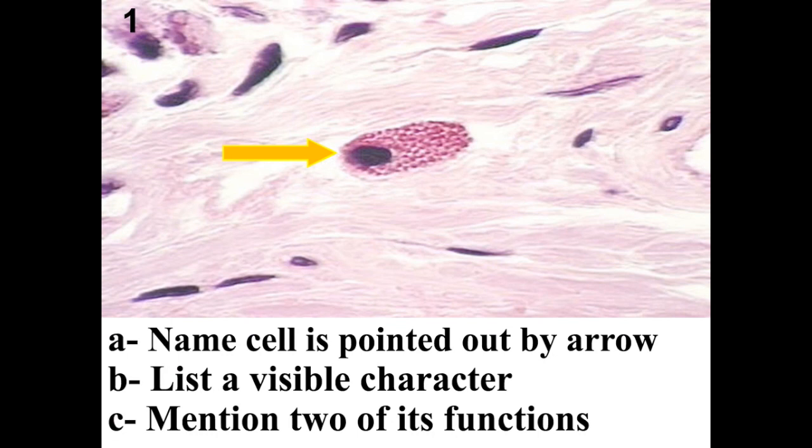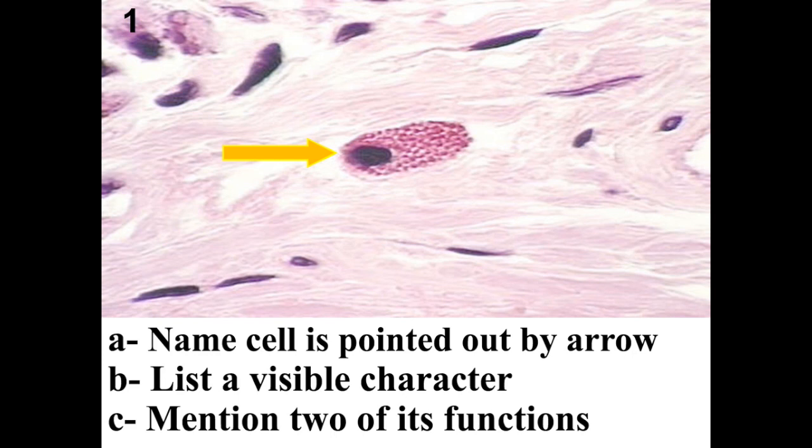Now let us examine our cells. Here, this is the first picture. Name the cell pointed out by the arrow. Mast cell. List a visible character. It is full of granules that are metachromatically stained, as they are stained here by red color, although it is stained by toluidine blue.